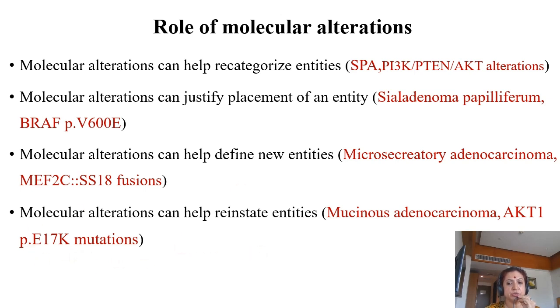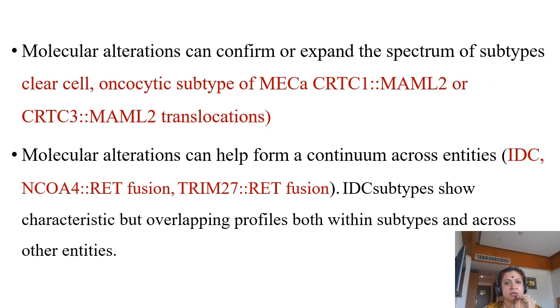If you have this mutation, you can be sure that this is unlikely to be a metastasis from elsewhere, and it is likely to be a primary mucinous adenocarcinoma of the salivary gland. So it helps you to avoid unnecessary investigation for the patient, to rule out an extensive search for a primary elsewhere.